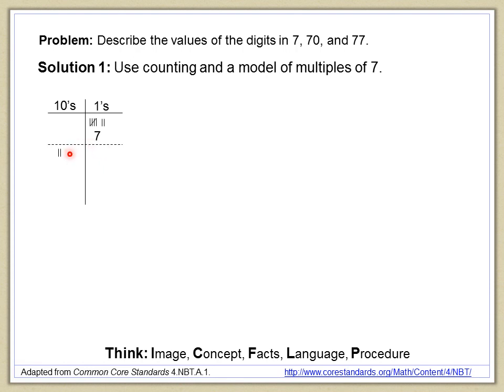We've replaced the 10 ones with a single 10. And now we can keep going with this. Here's another 10. We'll make that 3 tens, or 30, 3 tens and no ones. And we can keep going all the way up to 70.